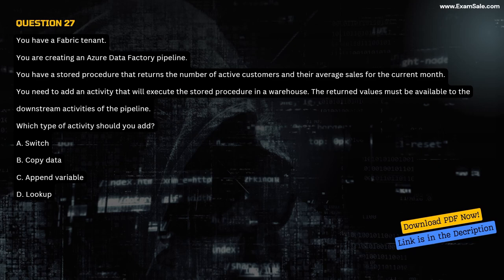You need to add an activity that will execute the stored procedure in a warehouse. The returned values must be available to the downstream activities of the pipeline. Which type of activity should you add? A. Switch. B. Copy data. C. Append variable. D. Lookup.